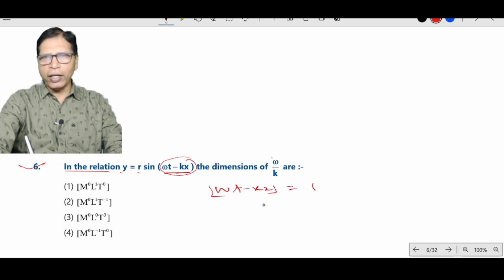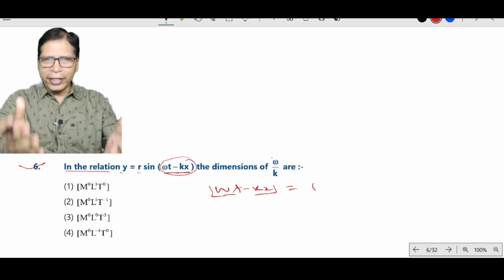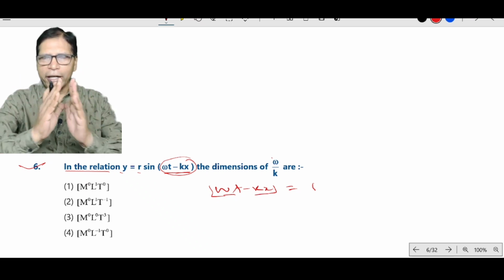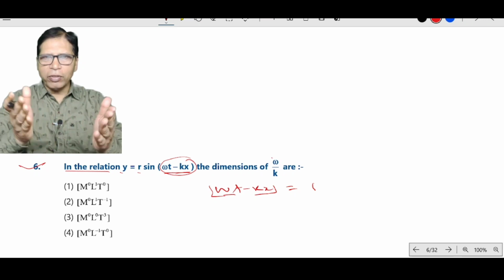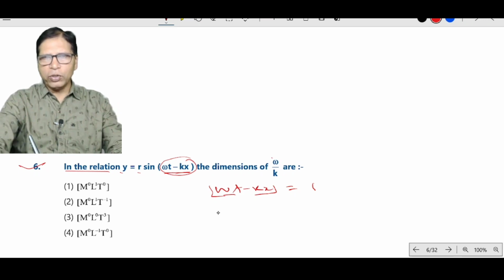As omega t and kx are added terms, the dimension of omega t equals the dimension of kx. Therefore, the dimension of omega by k is equal to the dimension of x by t.